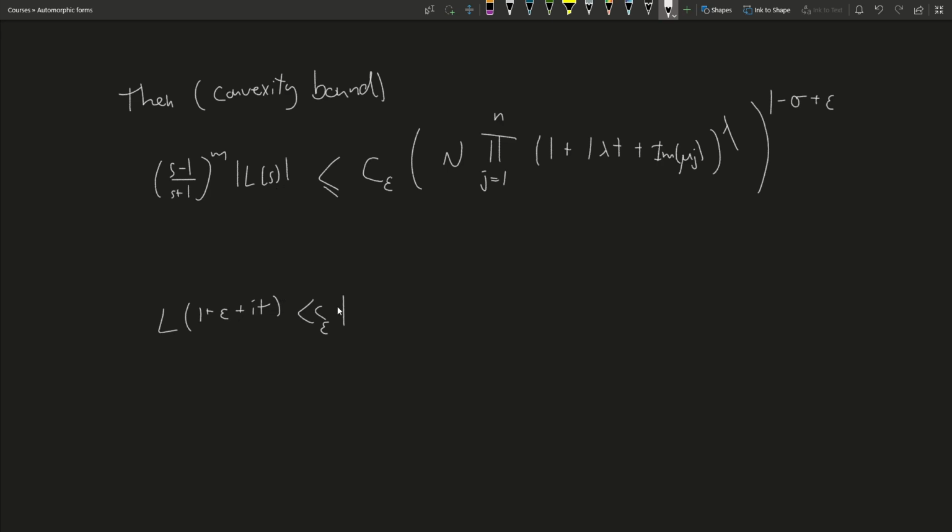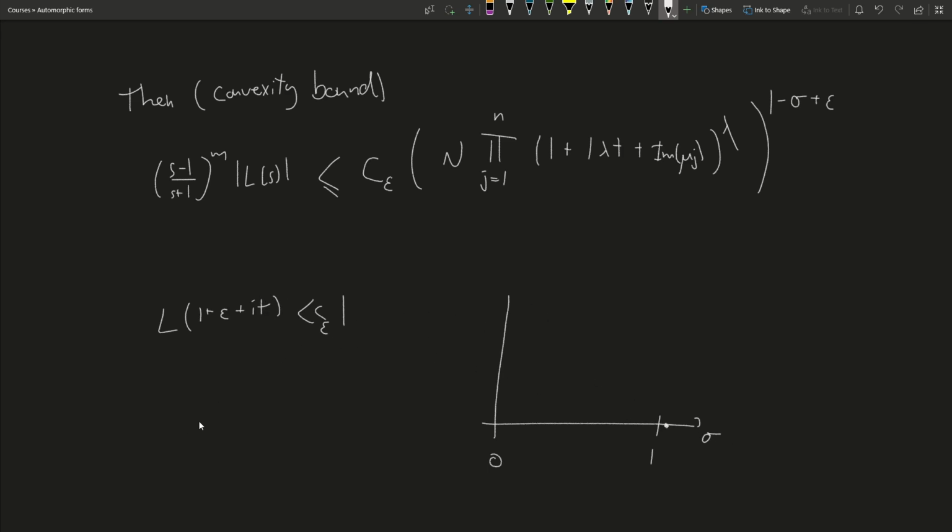So when you're applying the Phragmén-Lindelöf principle, you have, say, 0 over here, and then you have 1, and this is your sigma. Over here, when you're at 1 plus epsilon, the power of t that appears in the growth along a vertical line is 0.